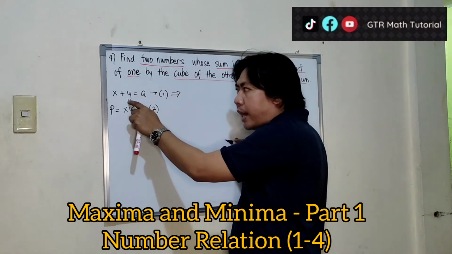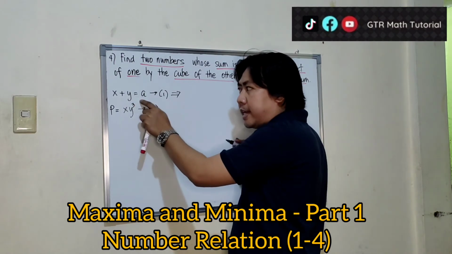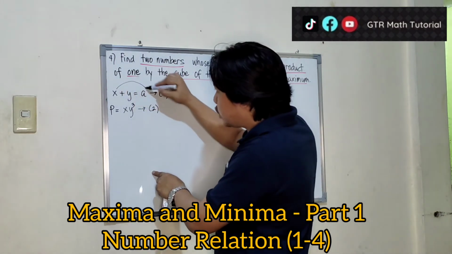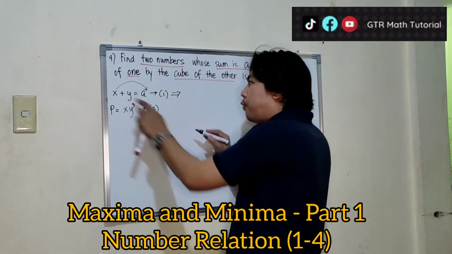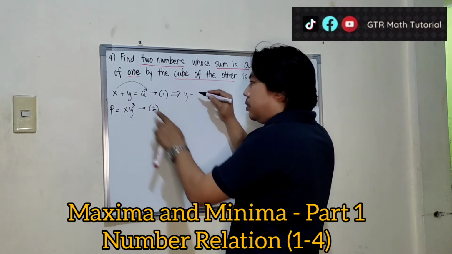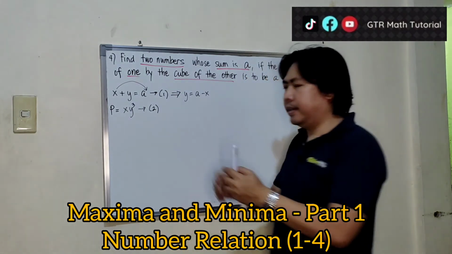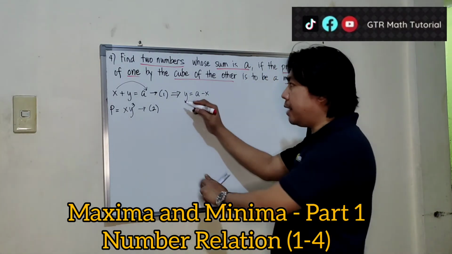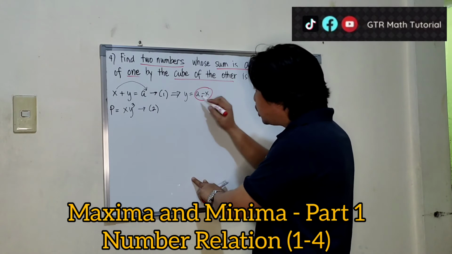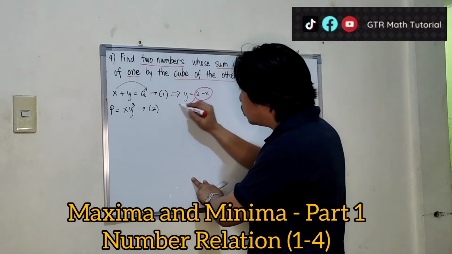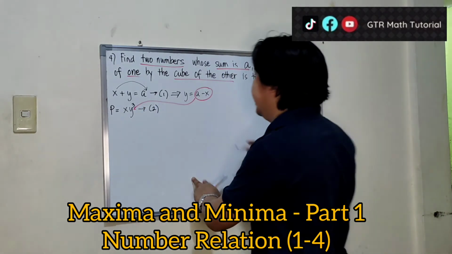So solve for y, so we need to subtract x from both sides or just transpose x to the other side of the equation. So therefore, y is equal to a minus x. Okay, so the value of y is a minus x.